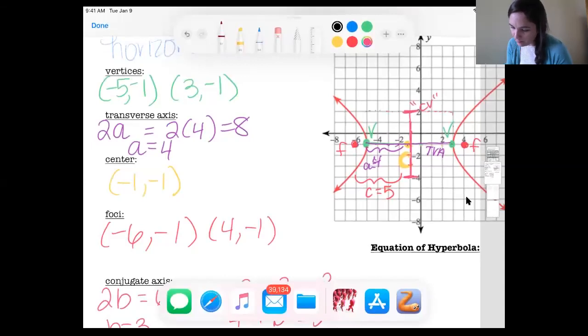Yeah, I'll make it black. That runs through my vertices and my covertices. And then I know my asymptotes actually run through the corners of this box and the center. So I make my X box. We'll talk about this more on the next page. So, oh no, I don't want pink.